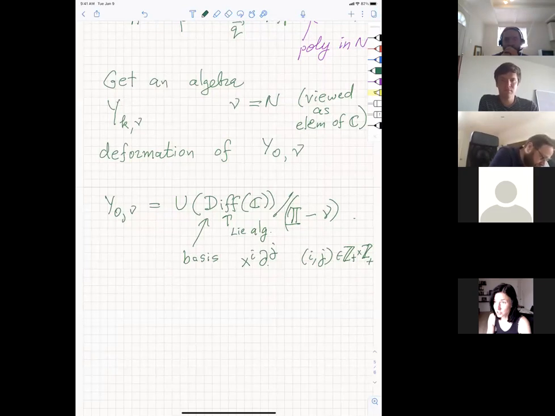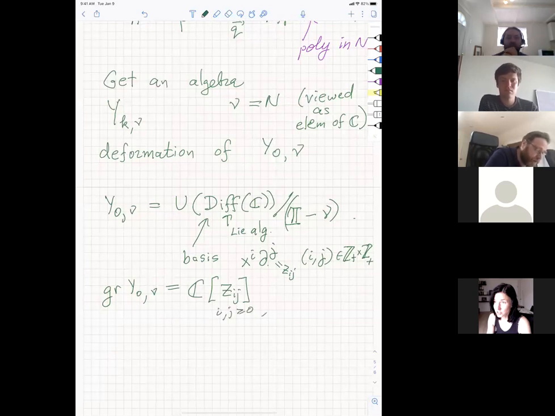So if you take, this has a filtration, an appropriate filtration. And if you take the associated graded of Y_0,nu, this is going to be just polynomials in, if I call this generator z_ij, then this will be polynomials in z_ij, where i and j are both non-negative, and i plus j is strictly positive.